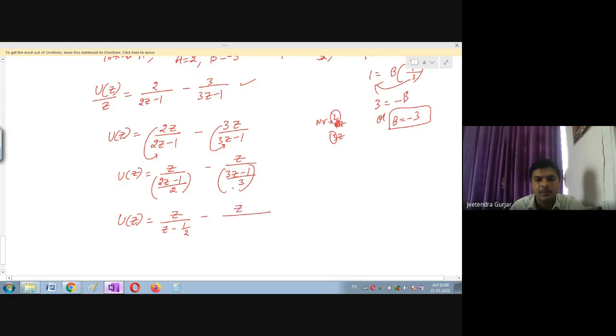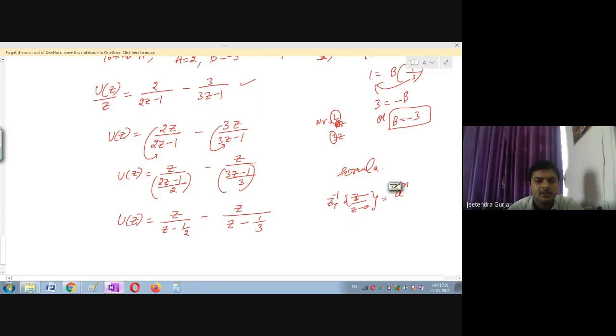I will take 3Z upon 3 will become Z minus 1 upon 3. So now you are going to use the formula, that is, inverse Z transform of Z divided by Z minus A is equal to A raised to n. Please remember this formula. We are going to use this formula every time.